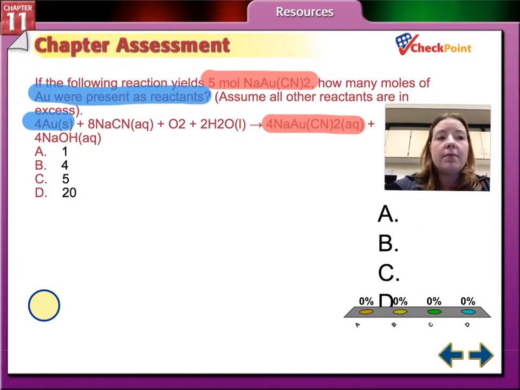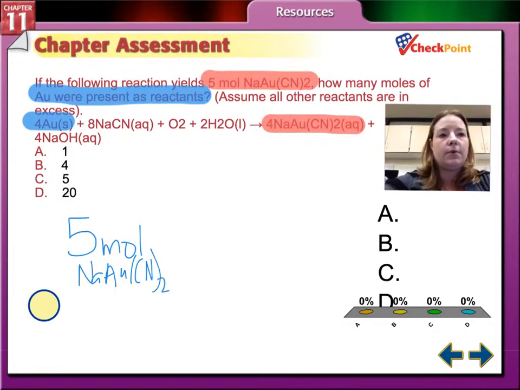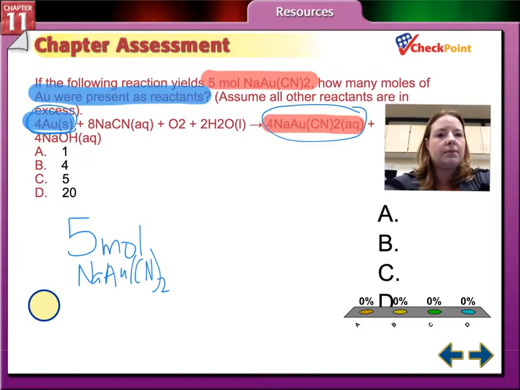Now I'm starting with moles. So right away, I can actually use a mole to mole ratio. So if I were doing this problem, I'm going to start with what I'm given, 5 moles of that NaAuCN2, okay? And I need to get to moles of Au. Well, my reaction right here actually shows me it's a 4 to 4 ratio. So I can write this out, but really 4 to 4 is 1 to 1.